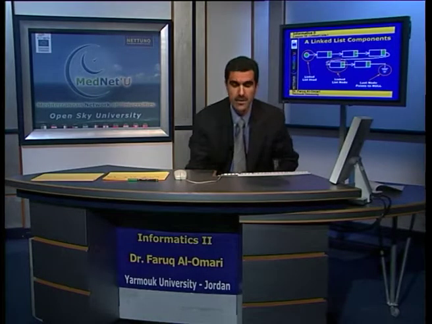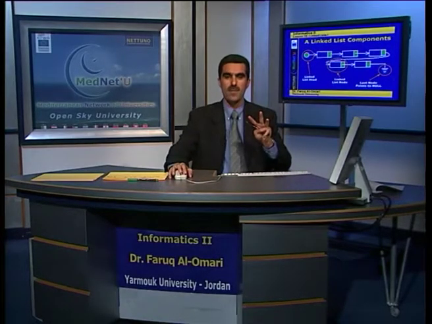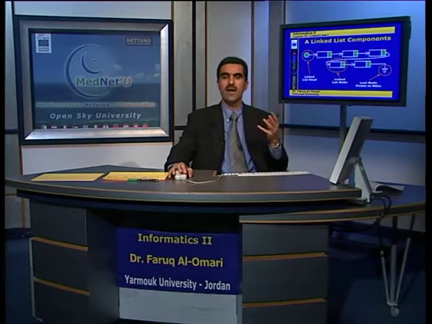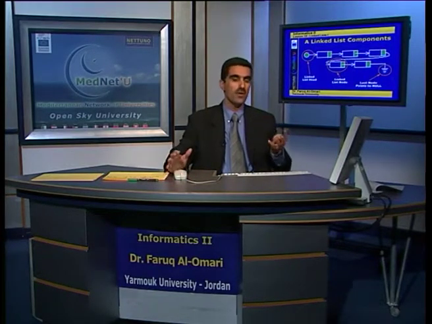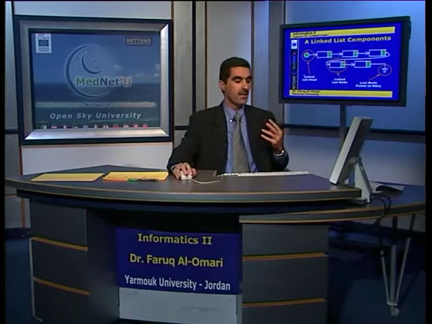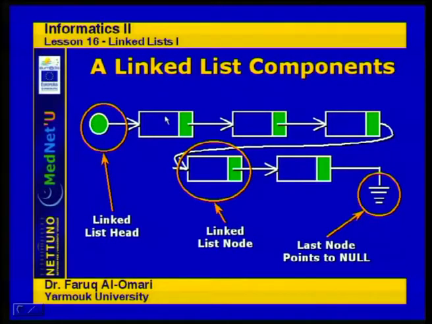So basically, there are three main components that completely identify the structure of the linked list. Head, the first pointer that points to the first node in the list, the nodes themselves, and the fact that each one of them has a pointer that points to a structure of the same type, and the very last node always points to null to indicate the end of the list.